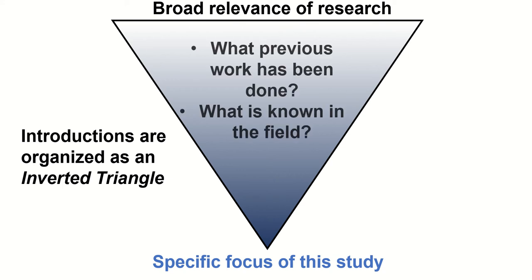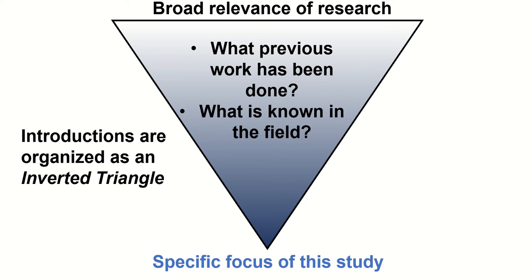In the middle will be a transition between the broad relevance and the specific focus of the study. What will be discussed is what previous work has been done and what is known in the field. Okay, and this will be a lot of citations of previous research articles typically.